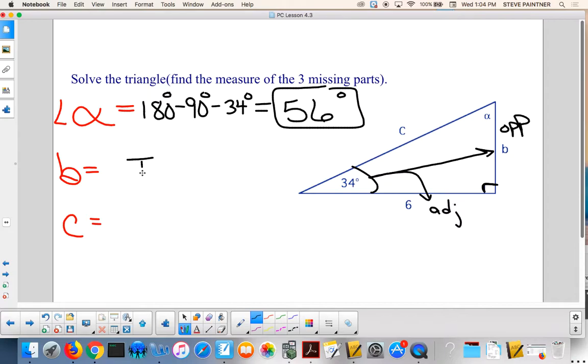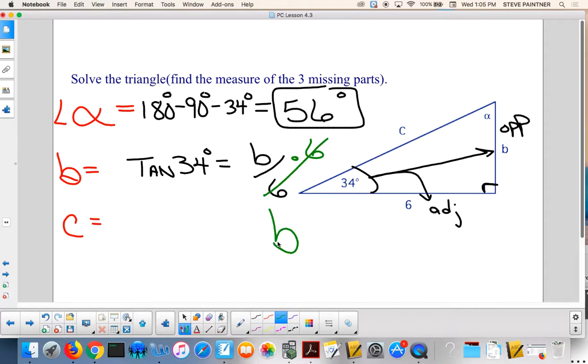So it's tangent of 34 degrees equals B over 6. Opposite over adjacent. Now that is an equation. How do you solve that equation? Multiply by 6 on both sides. Knock out the 6's. B is roughly, multiply by 6.